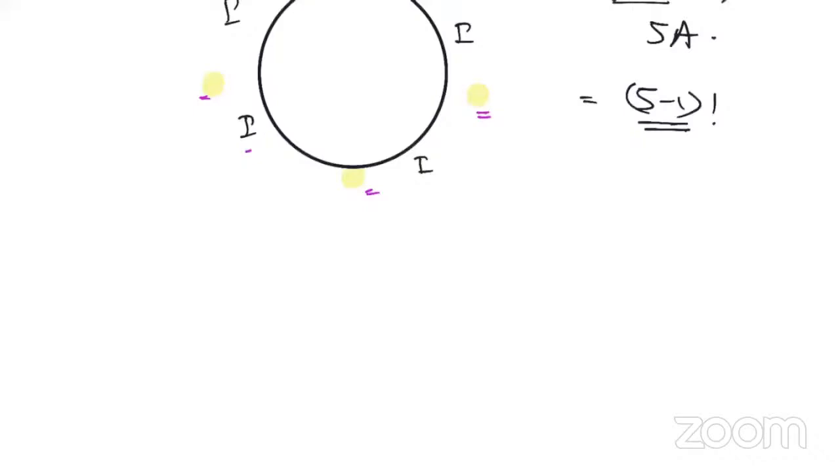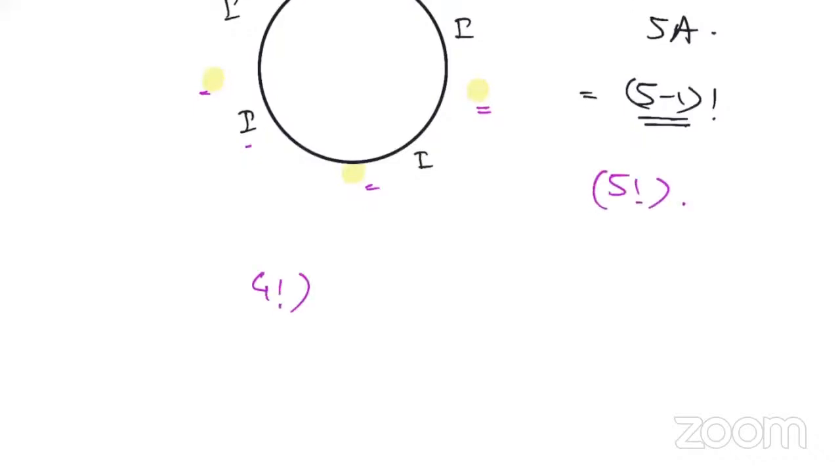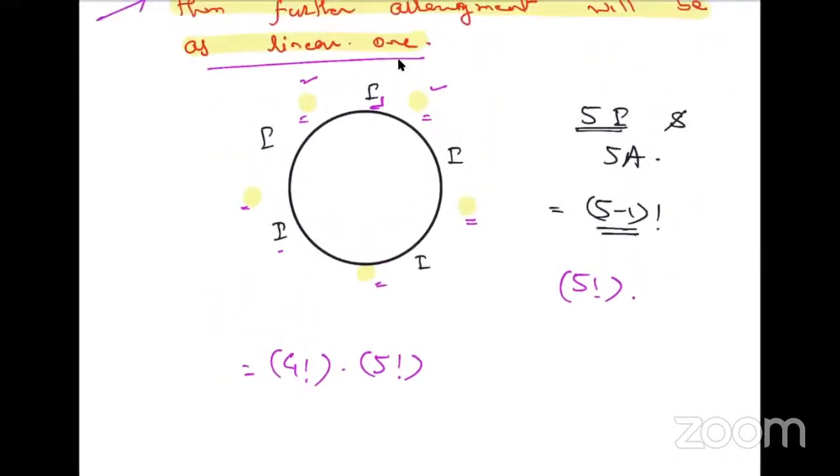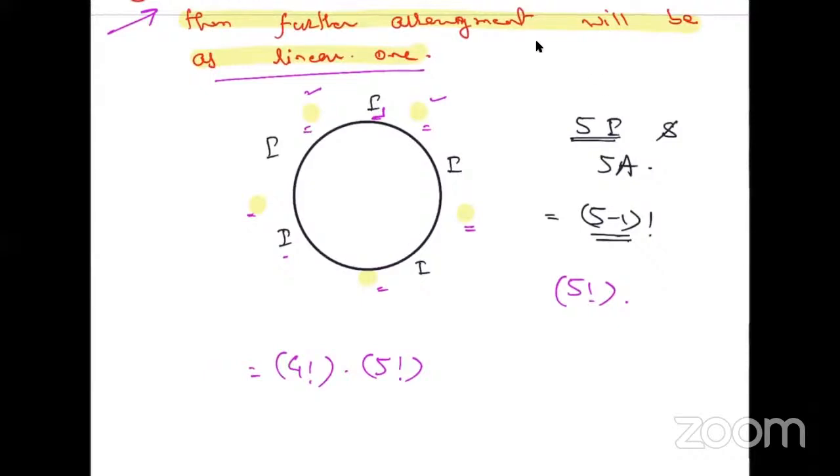So this will be factorial 5 ways. So our answer in this case will be factorial 5 into factorial 4. This is one example where we have to do both things, linear as well as circular arrangement.